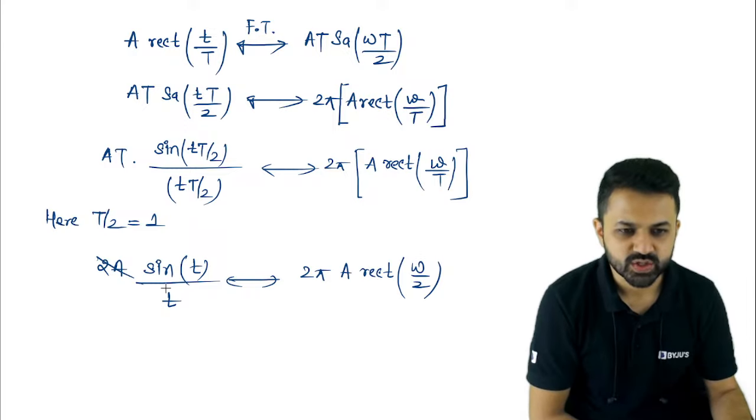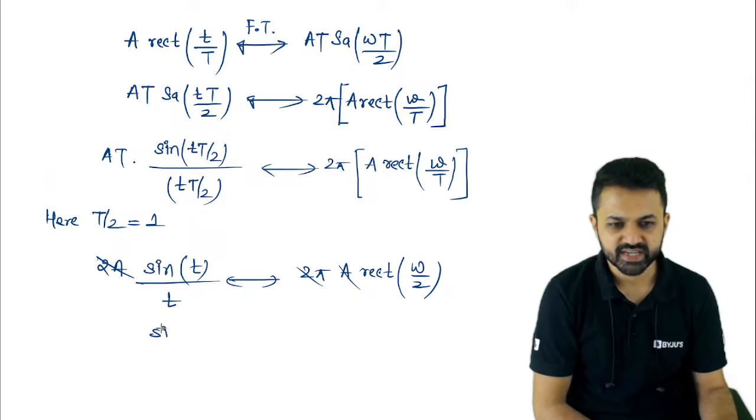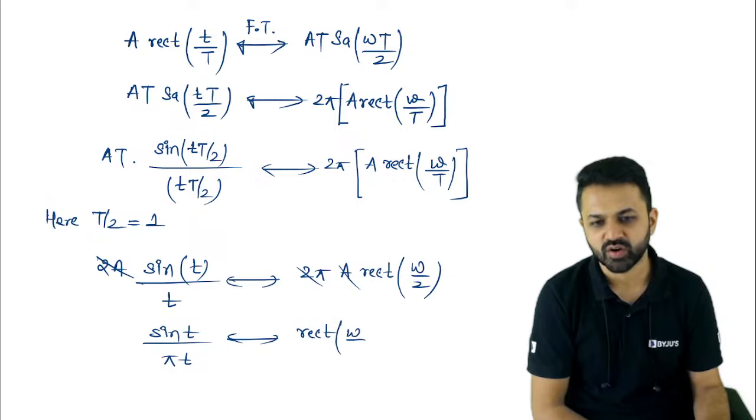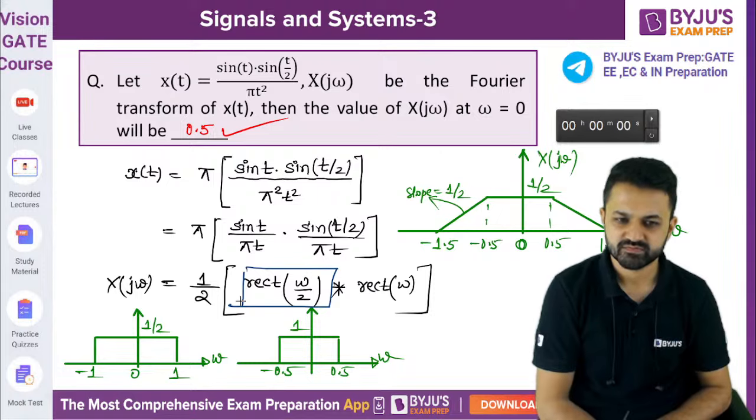Okay, this 2a and this 2a will get cancelled. Now we will get sin t upon, this π also you bring in the denominator. Then it has the Fourier transform rectangular of ω by 2, which is what I have written here. Rectangular of ω by 2.